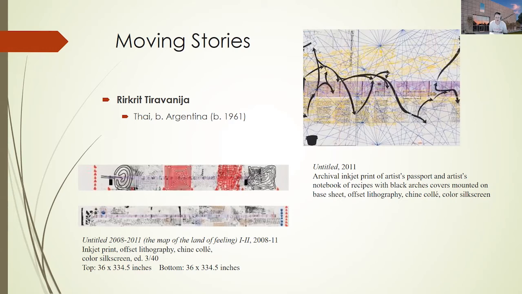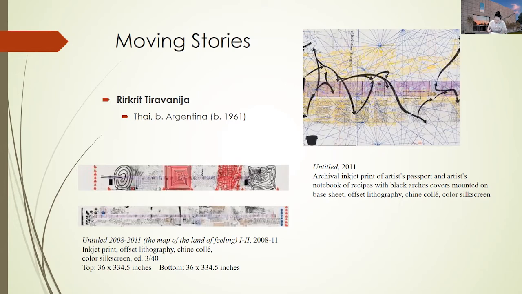And the one in the bottom left, it's really hard to see here because it's shrunk down so much, but he uses his passport photos and passport pages throughout the years to create the purplish line that goes through the center of the whole piece. So it's documenting where he was.